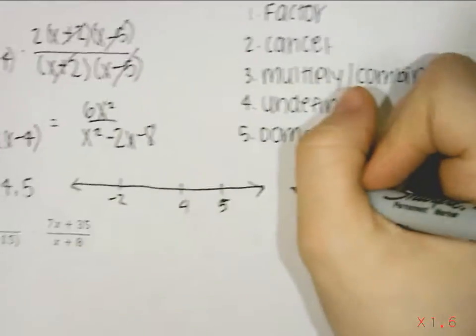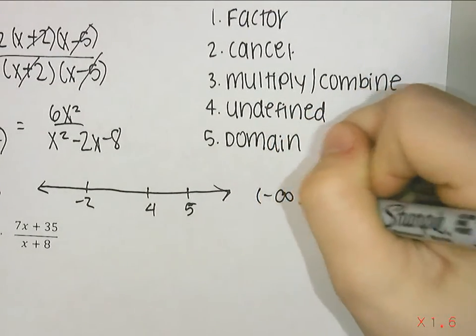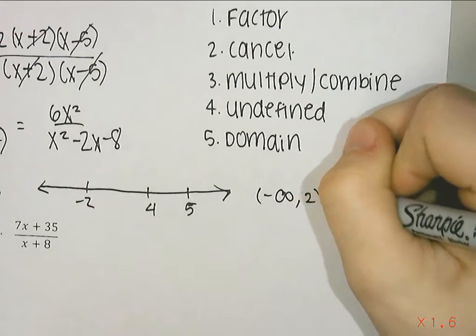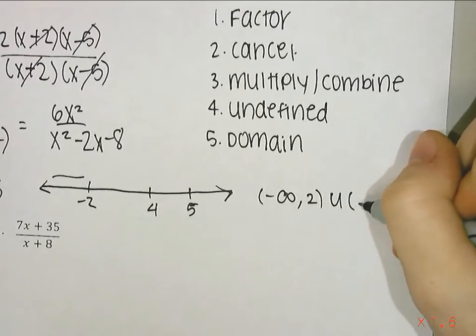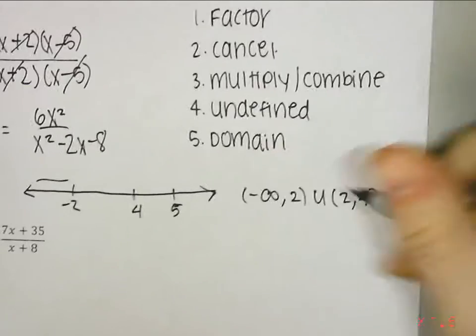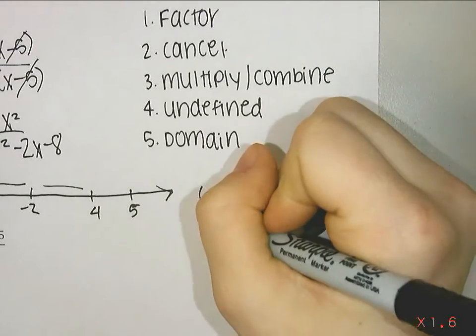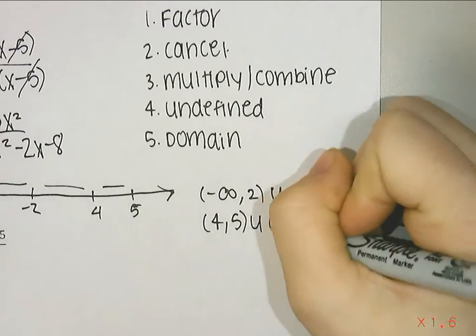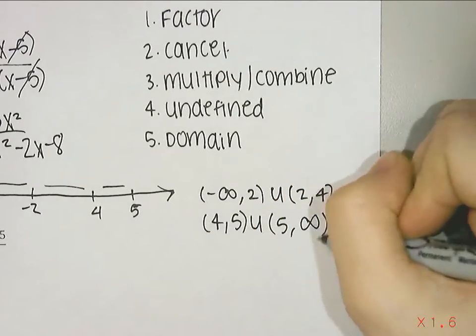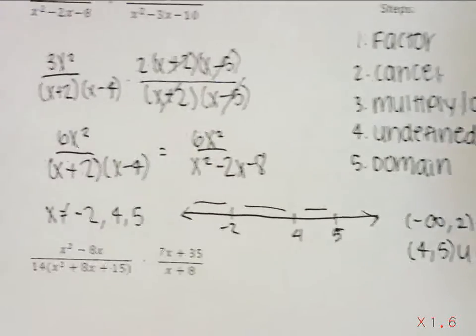And your domain will be, for this one, -infinity to -2, in union with -2 to 4, union with 4 to 5, union with 5 to infinity. So that's the first problem.